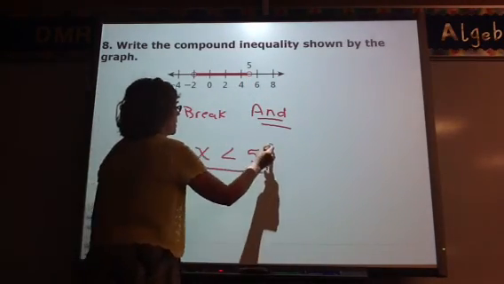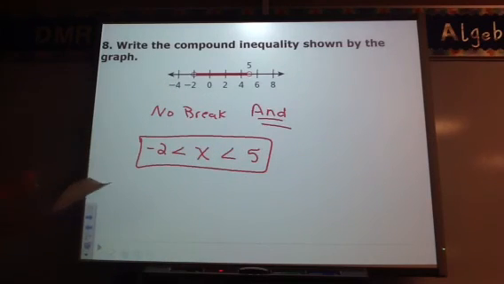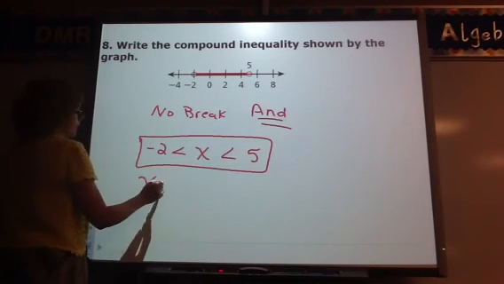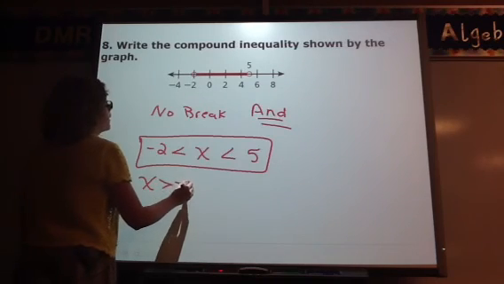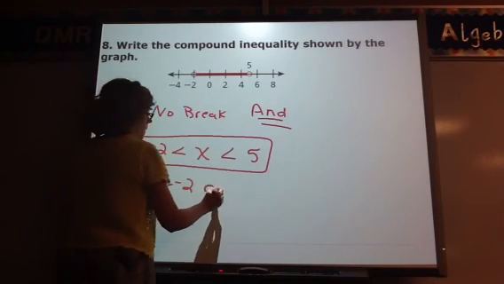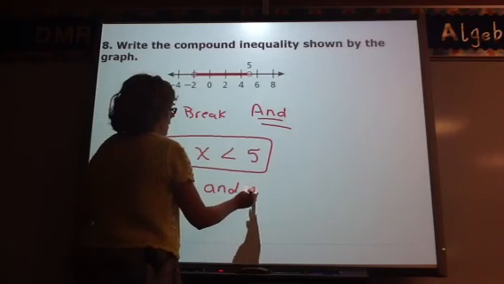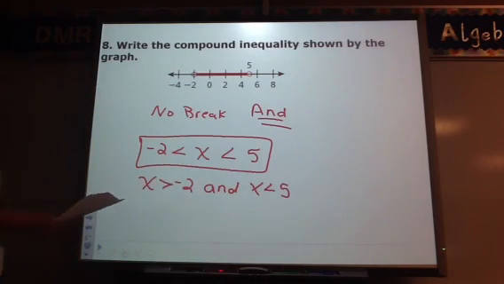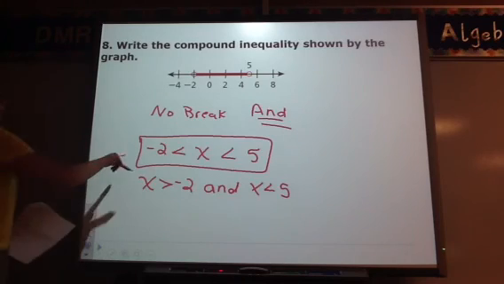So here's your compound inequality. Now, you could also write this, x is greater than negative 2, and x is less than 5. Either way, I like to see it this way better, though.